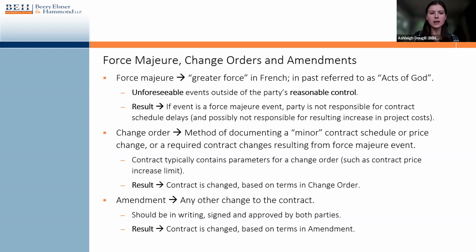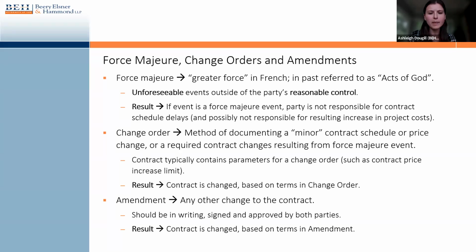Change orders provide you with a quick path to making those minor changes to the contract that are necessary, and it's usually a lot more simple than executing a full amendment. And the result of a change order is that the contract is changed based on the terms of the change order. In contrast, an amendment is any other time you're changing a contract, you need to execute an amendment.